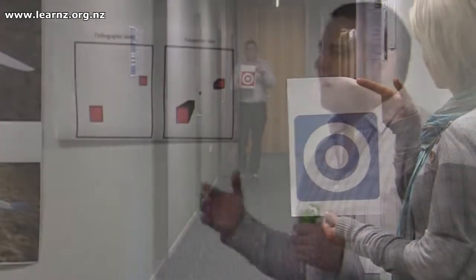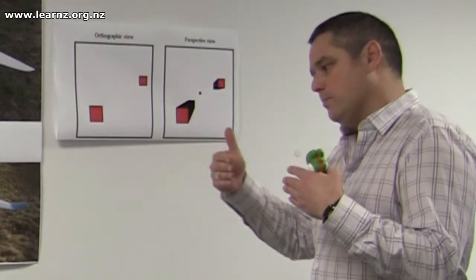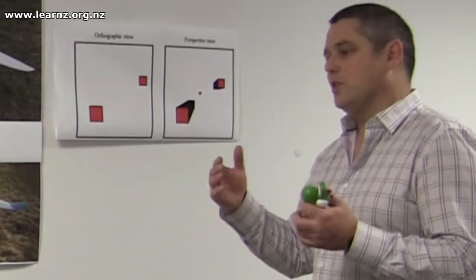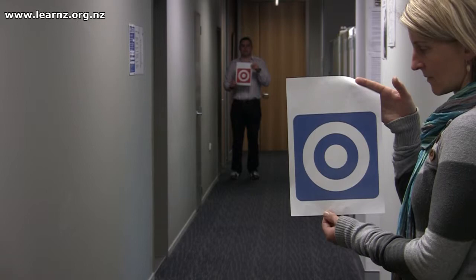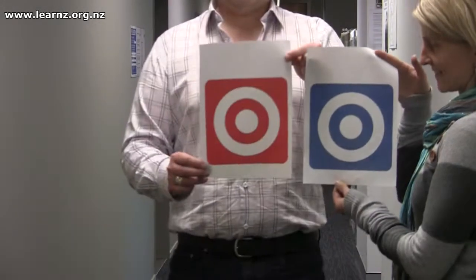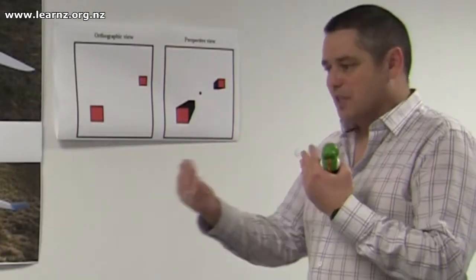So part of the processing is we take everything that's at height and we bring it to an even level. So that's what we're doing here. And now, as you can see, these targets that are the same size appear the same size. So the perspective part of it is to get rid of the leaning, and the scale part is making everything that is the same size look the same size.